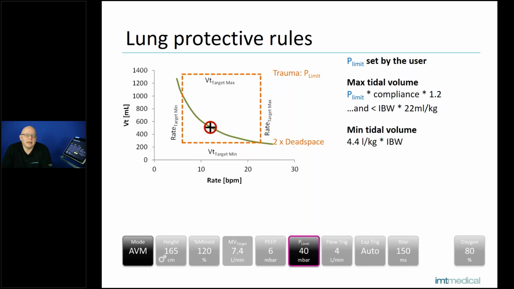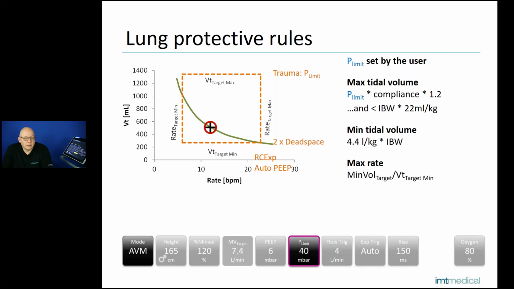And this will be taken times 2. That means the minimal tidal volume for this patient won't be under 250 ml. So AVM prevents dead space ventilation. As soon as the tidal volume drops below 250, AVM will either raise the inspiration pressure or find some ways to get the tidal volume above 250 ml.